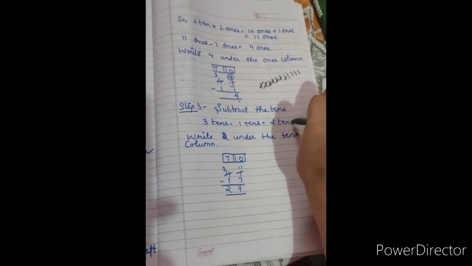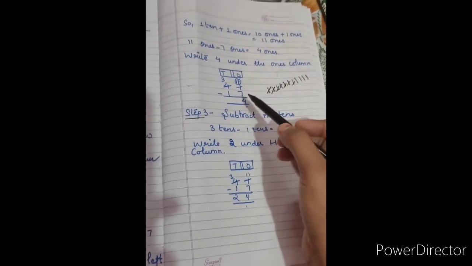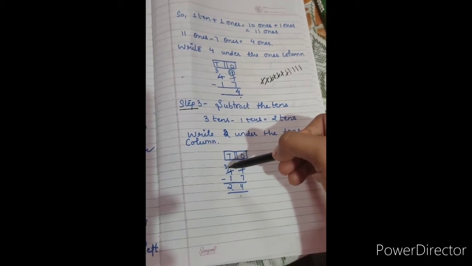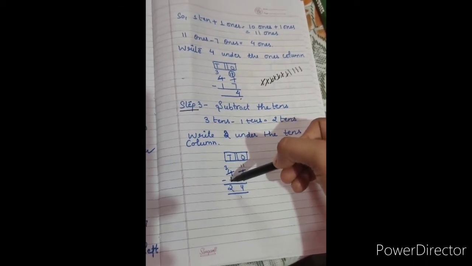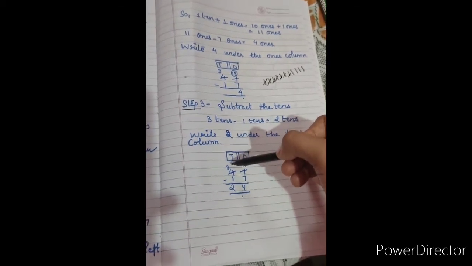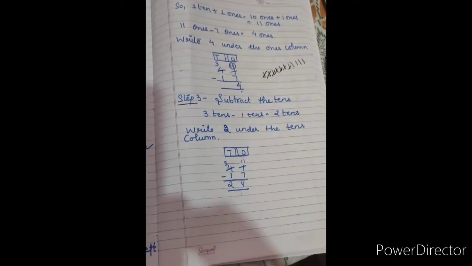Now step 3, as before, is to subtract the tens. In the tens position, after the ones, we have 3 and 1. So we want to subtract 1 from 3. Is it possible? Yes, it is easily possible.